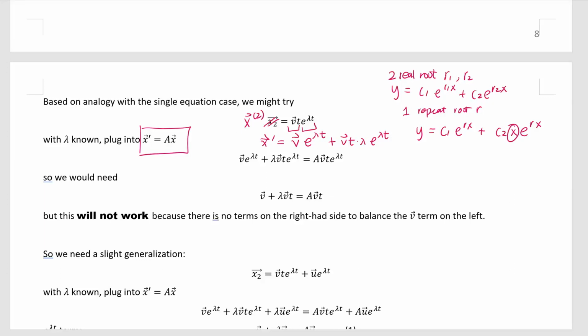After we divide, we have v plus lambda vt equals A vt.